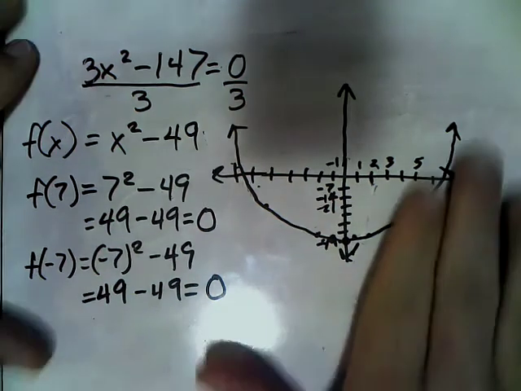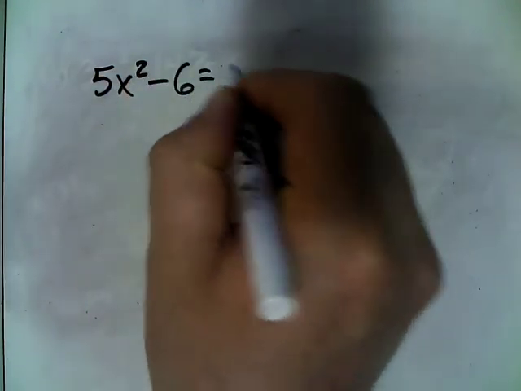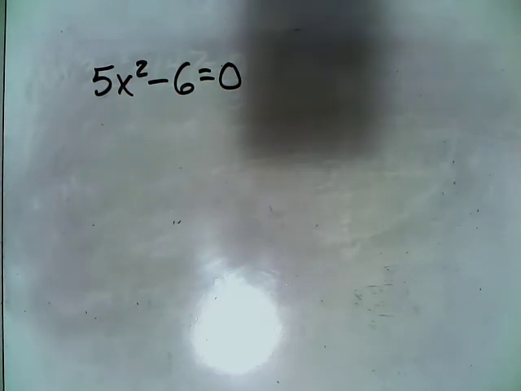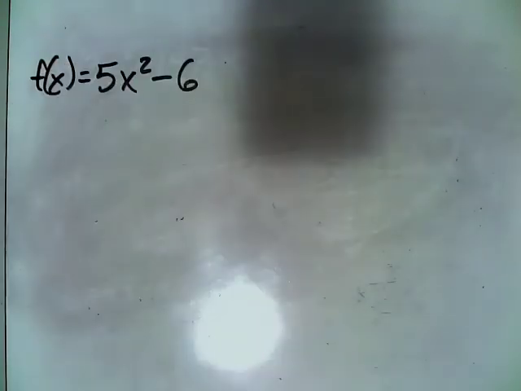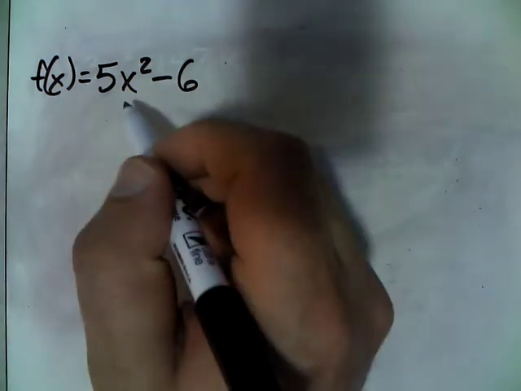Okay. We're going to take a look at B here. So 5x squared minus 6 equals 0. So the related function then would be that. So again, my axis of symmetry, remember, is -b over 2a.